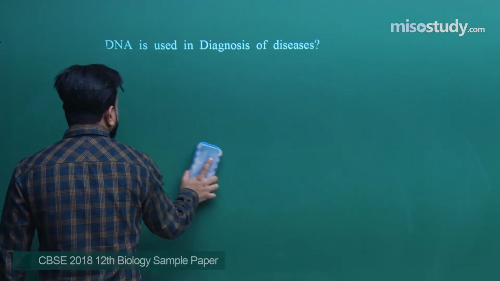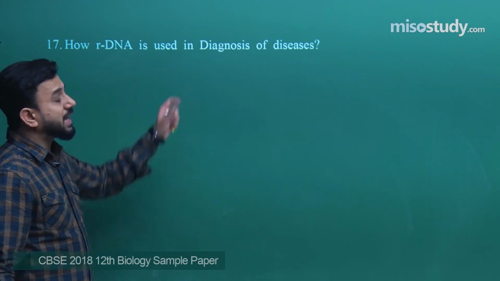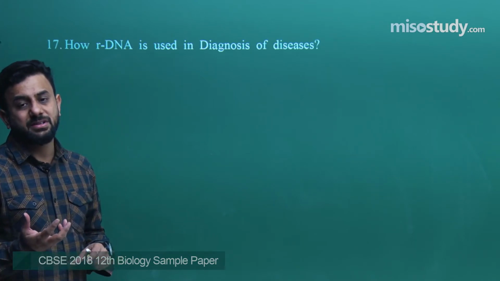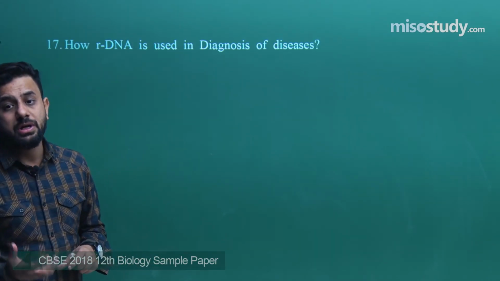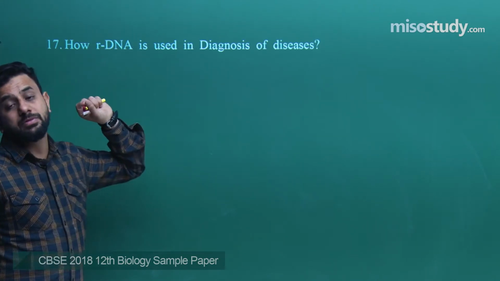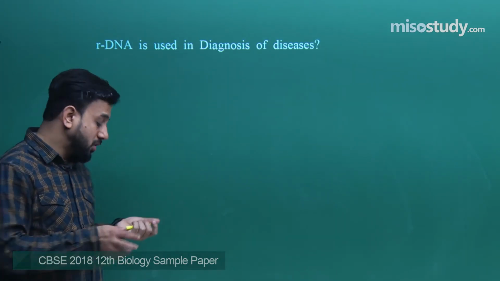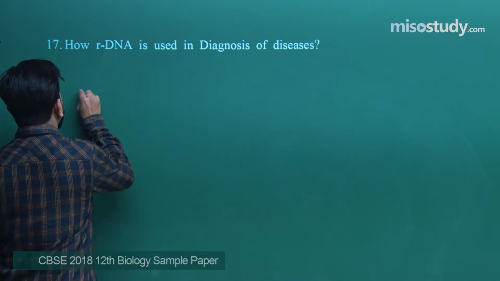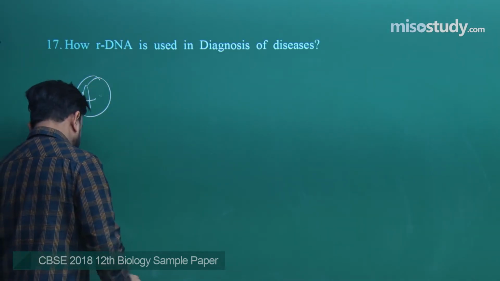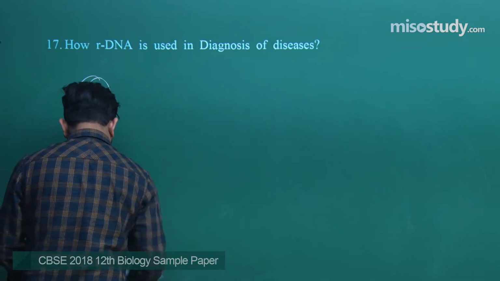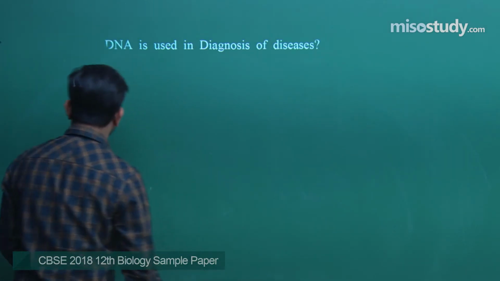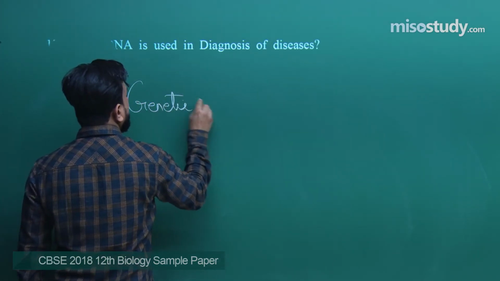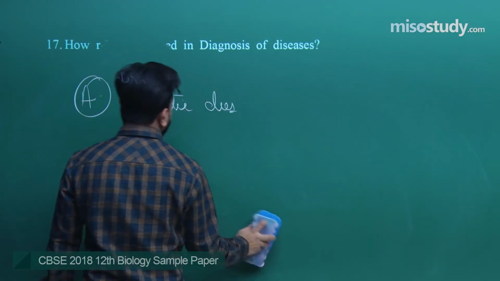So we will see that recombinant DNA is used in the diagnosis of many diseases. All the genetic diseases, the diseases which have a genetic origin, we can study with the help of recombinant DNA. So let us write those diseases which we are going to discuss now. Genetic diseases.